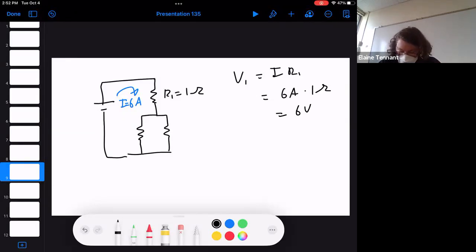Now, what if this battery had 12 volts on it? If this battery had 12 volts on it, and we know the voltage across R1 is 6 volts, what can you tell me about the voltage across R2?